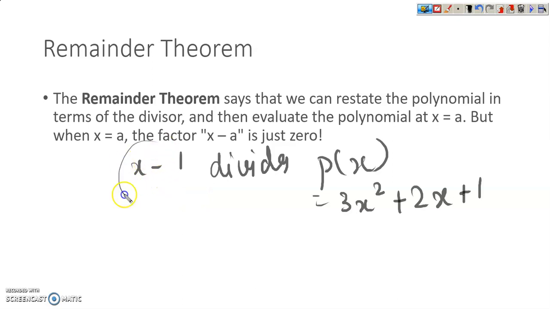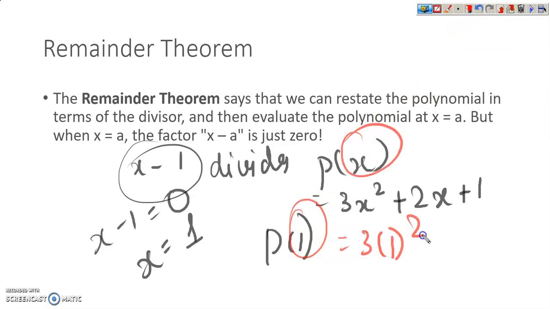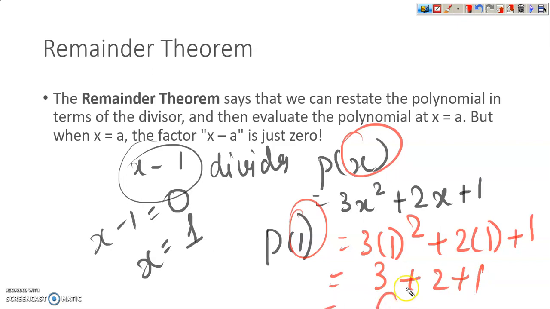So here we can say x minus 1 is 0 and we can say x is 1. If we put 1 instead of x, we get 3 times 1 squared plus 2 times 1 plus 1. Here it will be 3 plus 2 plus 1, which is equal to 6. So this is so easy.